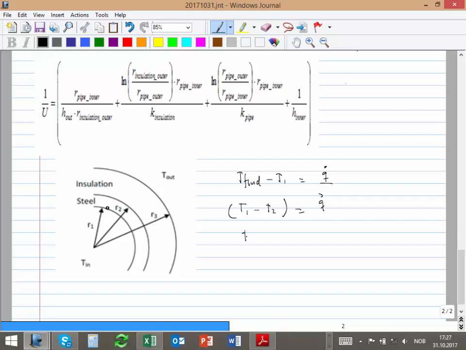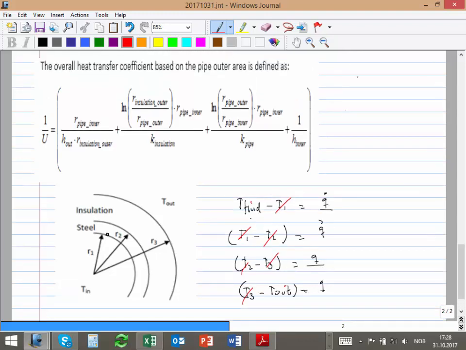And then T2 minus T3 equal to the same Q divided by another coefficient, and then T3 minus T out equal to Q. You can add all of them up and get rid of all of these intermediate temperatures, and you will get just T fluid minus T out equal to the same Q, but divided by a big coefficient. And this is what we call the overall heat transfer coefficient.